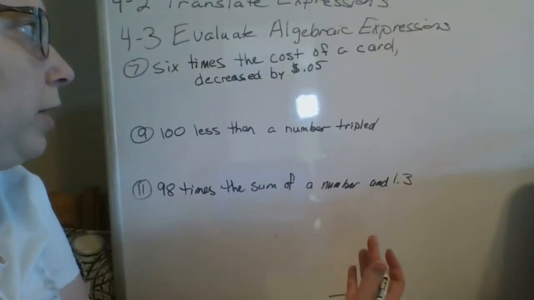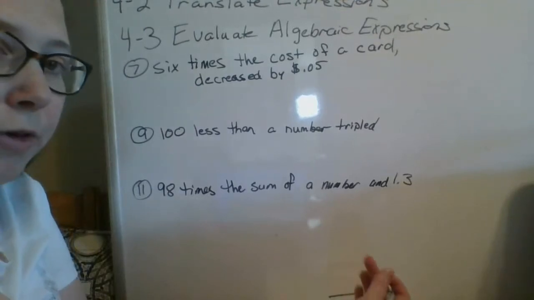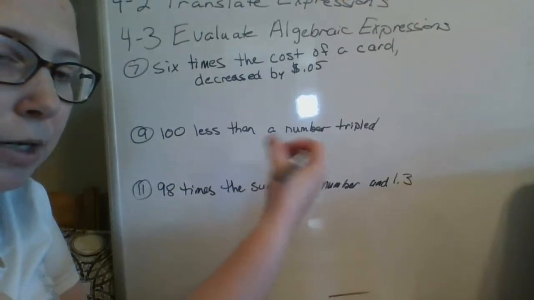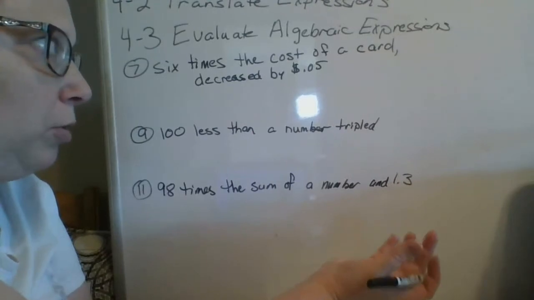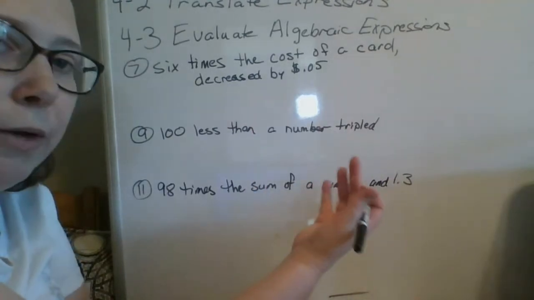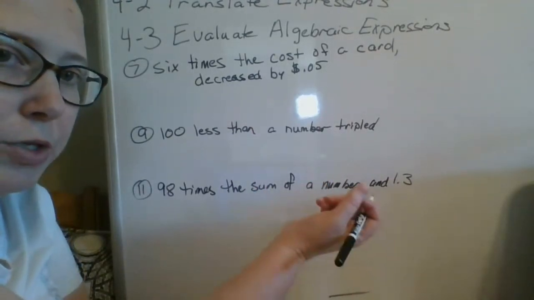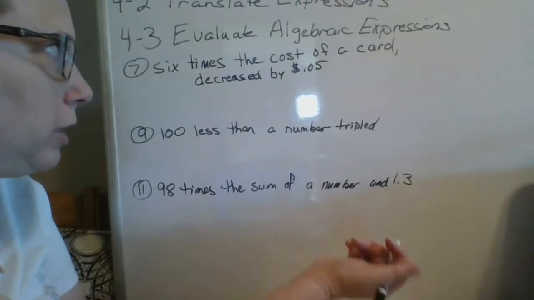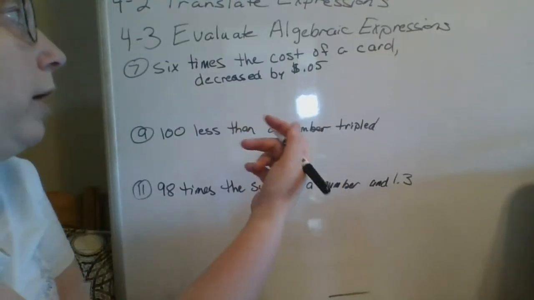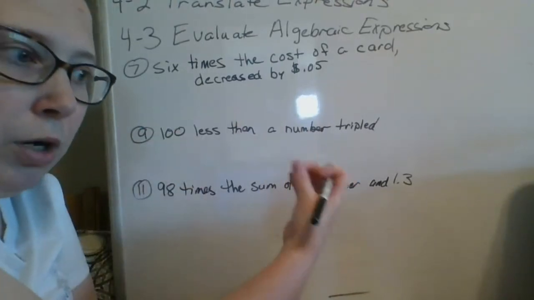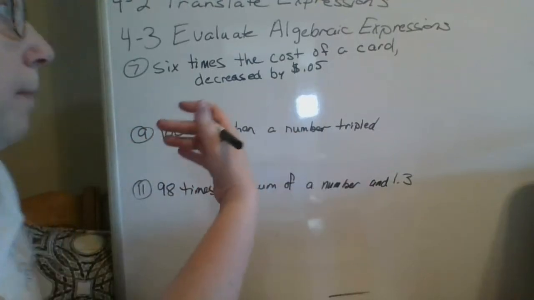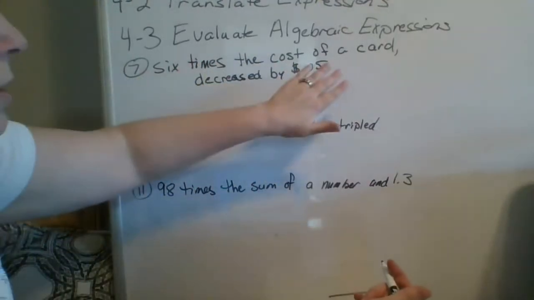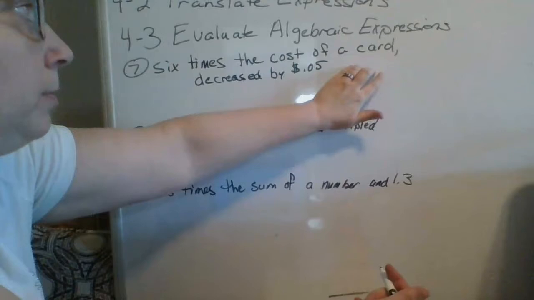Important to remember here is we are going to have a variable, which means we're not going to be able to compute or evaluate. They're not telling us what the variable equals, so there's no way for us to solve these. You're just going to have an algebraic expression. When there's something that we don't know, so it might say a number, or it might say something like it does in this, the cost of a card.